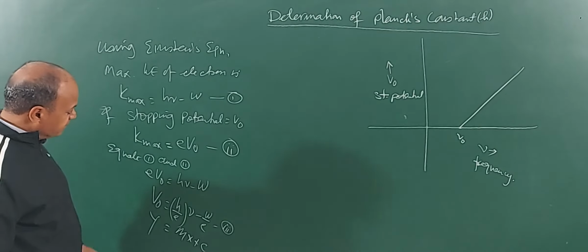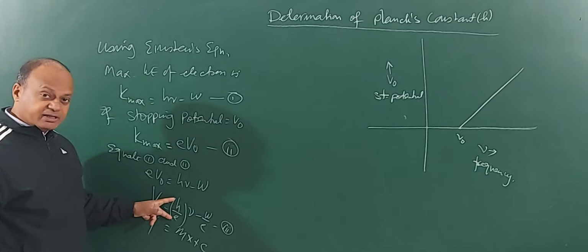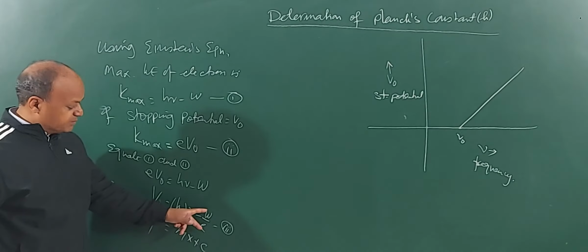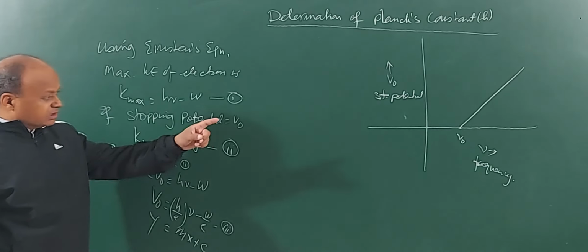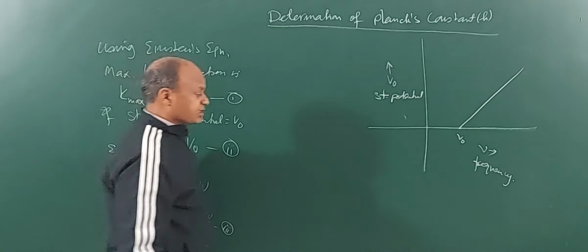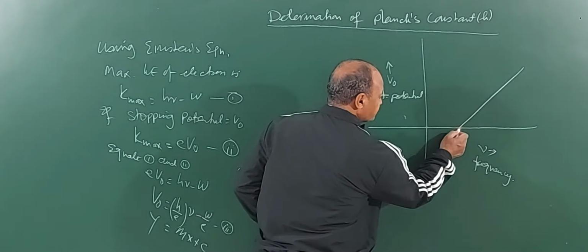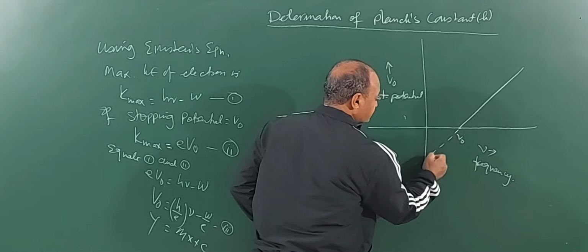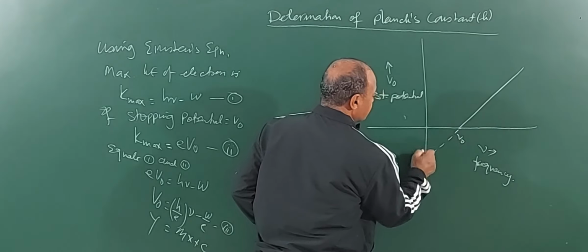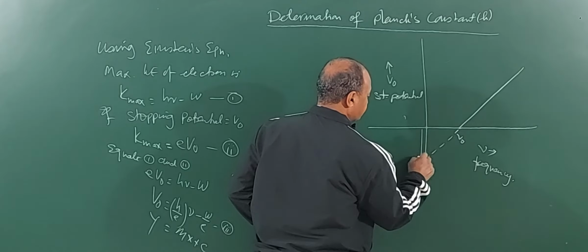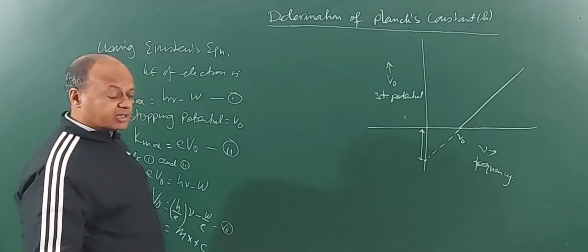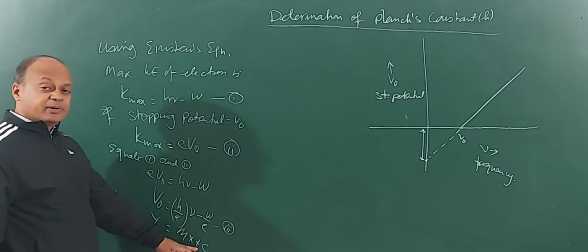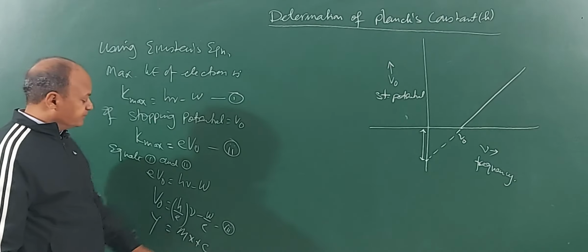Now the other parameters are m is replaced by h by e, and c is replaced by minus W by e. Now see, in the graph c is actually negative. If I extend this graph backwards, then actually this is the y-intercept. The y-intercept is negative. So this will be basically minus c, right? It will have a negative value.